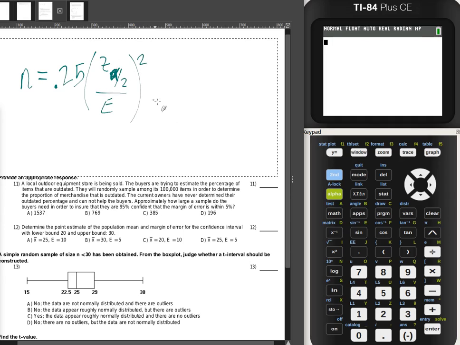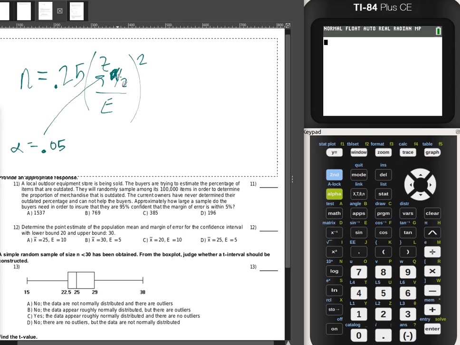So the critical value, remember, is based on this z alpha over 2 that I'm pointing to. The alpha in this case is basically the difference between 1 and the confidence level, and we want a 95% confidence level, so our alpha is 0.05.